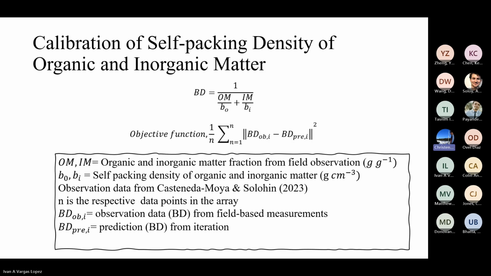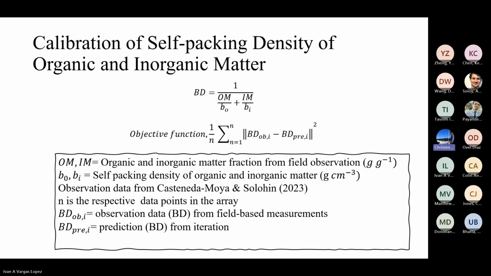Similarly, for calibration of cell packing density of organic matter and inorganic matter, we are considering a constrained optimization method developed by Levenberg-Marquardt. Similarly, you can define an objective function directly between the prediction and the observation. And OM and IM are not percentages, they're fractions, so gram per gram.